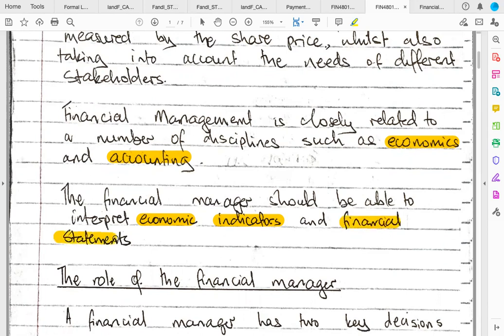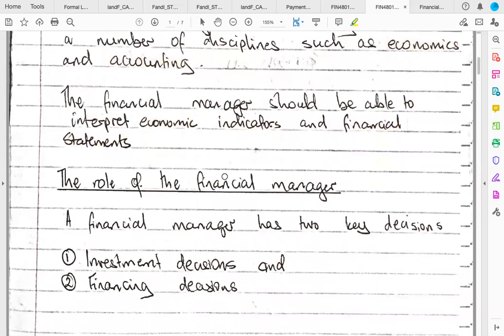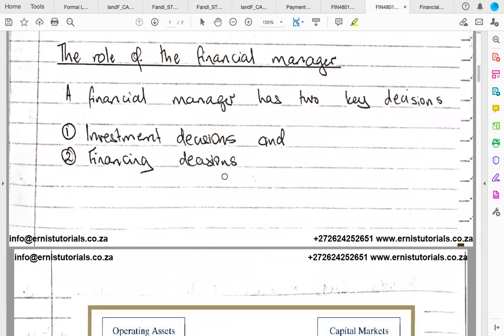You also need to be able to interpret financial statements, how financial statements are prepared, and calculate financial ratios, so that you can properly make financial decisions. So a financial manager should have a good understanding of economics and also accounting.